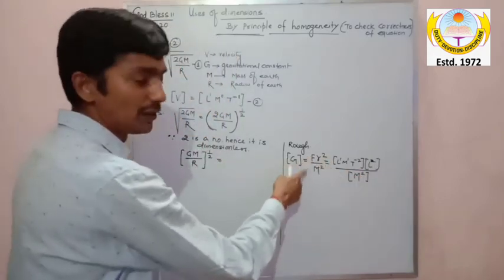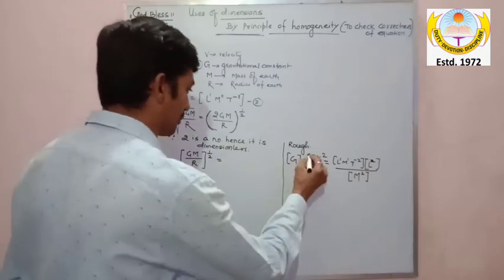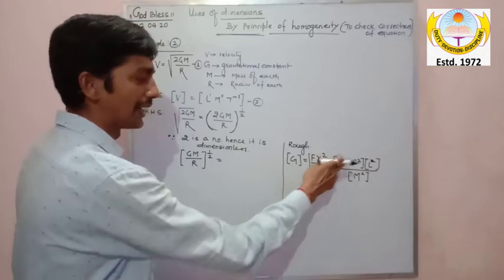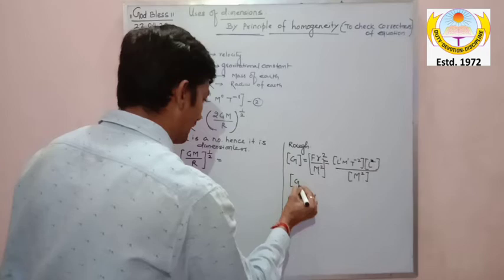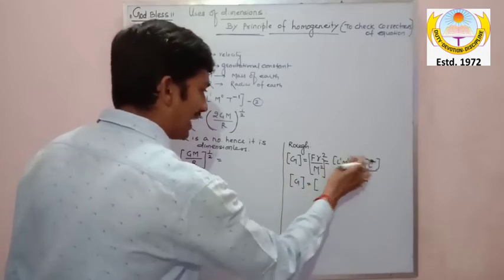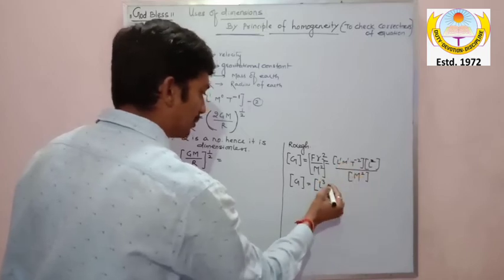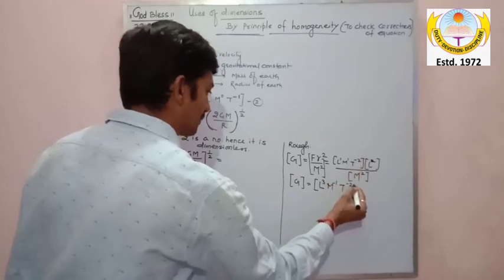Please look at my video. I have given the dimension for the gravitational constant and this is the formula to calculate it. F r square upon M square is the formula to calculate the dimension of G. So the dimension of G, my dear, is equal to what? Sir, L1 and L2 become L3, and M2 goes up to become M minus 1, and this is T minus 2.